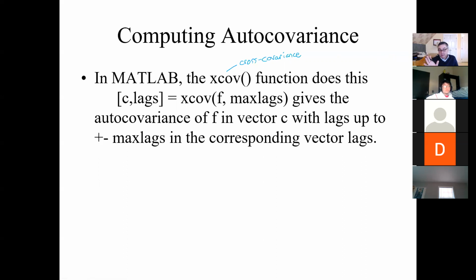And by the way, just in general, I'm giving you a brief summary of this, but do make use of the MATLAB help files when we refer to these functions, because the MATLAB help files are actually very useful, and they have a lot of good information in them explaining different options and what they do.